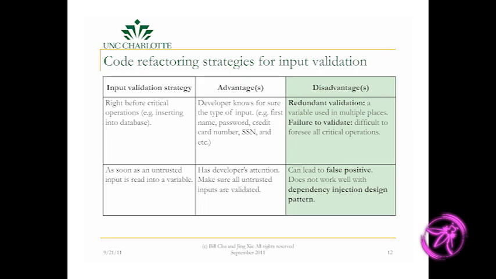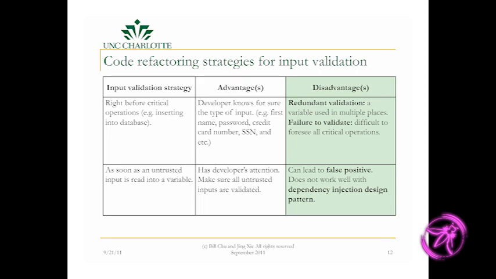And then you say, well, no matter where it goes, I know what the input is, right? The advantage of that approach is you have developers' attention right then and there to make the right choice. But the disadvantage is it can lead to some false positives because some things may never go anywhere, and you ask for validation anyways. And it sometimes does not work well with dependency injections, because you don't know where the input is coming from.